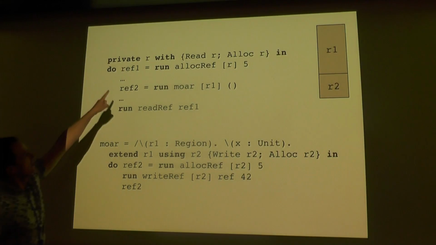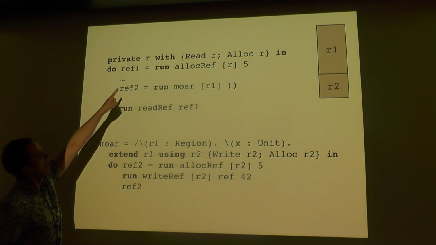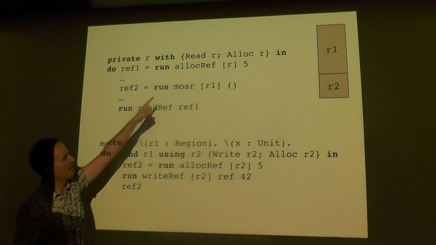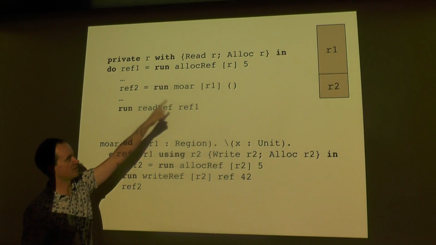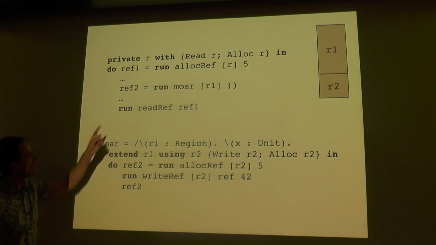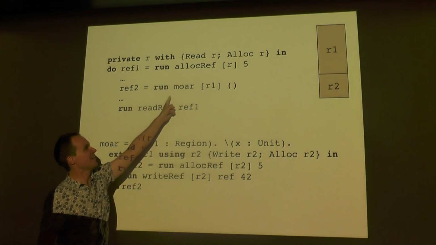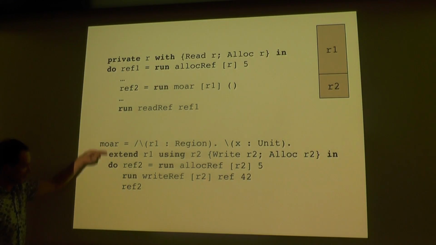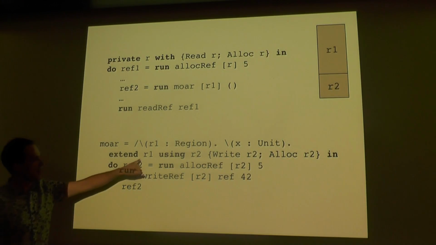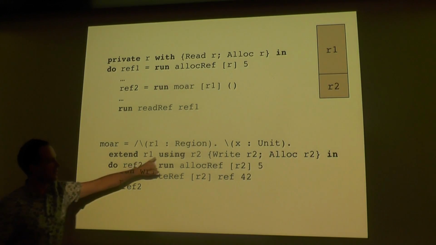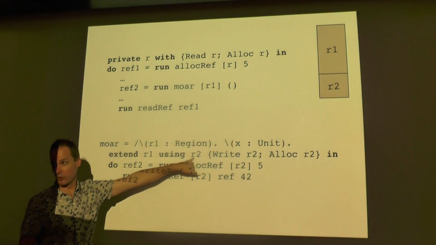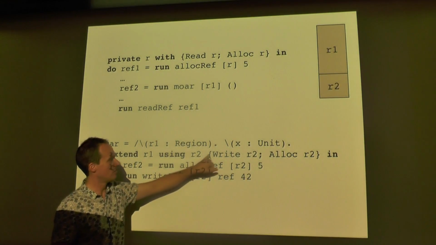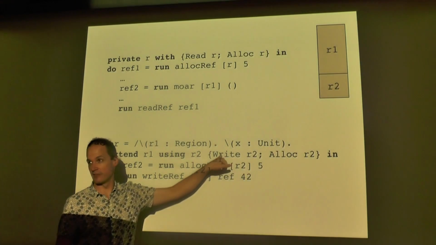Here in my private construct, I create a new region R, which is immutable because I only allow read and alloc effects onto that region. Now in this statement, I'm going to allocate some more objects into this region. So I'm calling this function. This syntax says I'm going to take my existing region R1 and extend it with a new piece, which I've locally called R2. And then onto the new piece, I allow write effects as well as allocate effects.